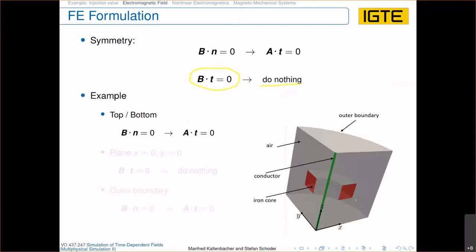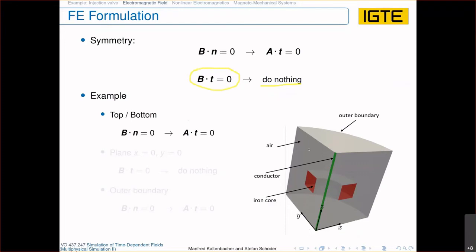We just have here a straight conductor, and we have here an iron core going around this conductor. Well, you could explore a lot of different symmetries here. Let's say you want to compute it just with a quarter symmetry. Well, then we have the following boundaries. We have here the top, to specify the correct boundary condition, and the bottom.